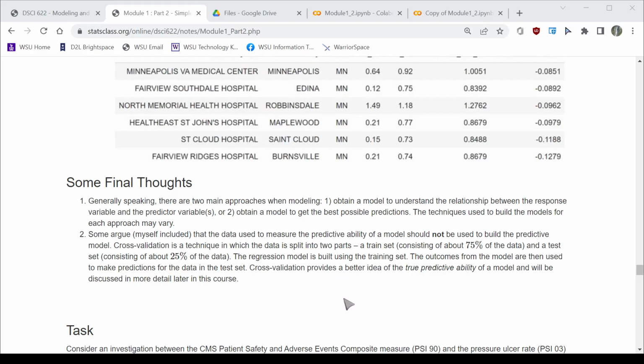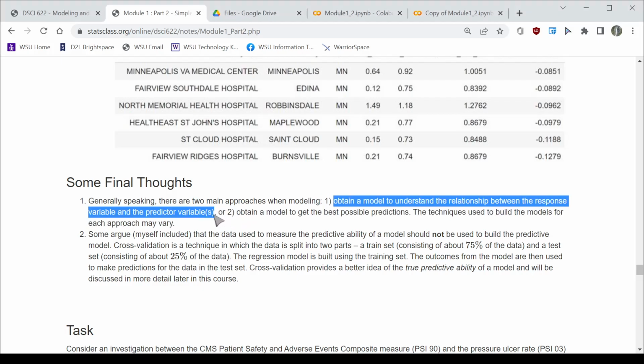Some final thoughts here. There are 2 main approaches when I'm fitting a model or doing modeling. The first is to obtain a model to understand the relationship between the response and the predictor variables. That's your classical statistical modeling, to really try to discover the relationship between those 2 variables.